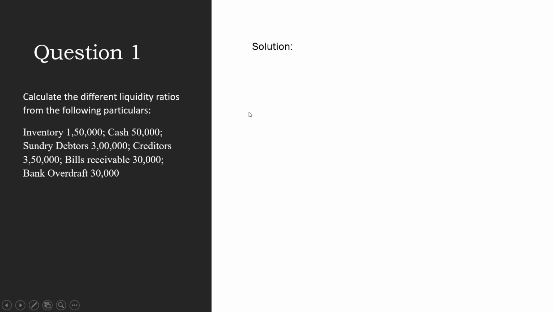First, we will calculate the current ratio. First of all, we need to put down the formula of the current ratio: current assets divided by current liabilities. To calculate this, we first need to know what the current assets and current liabilities in this question are. You should know what the current assets and current liabilities are.